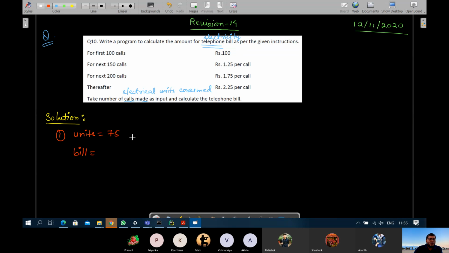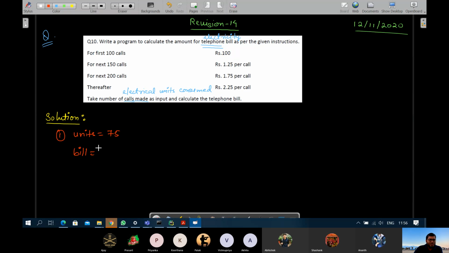That means if you make no calls at all, or if you do not consume units at all, let's say for 1 month you were out of station and your house was locked and you did not even consume a single unit, in that case, can you tell the government no, I'll not pay even a single rupee? No, because the minimum amount that you have to pay is rupees 100, and this amount you will pay up to 100 units of electricity consumed.